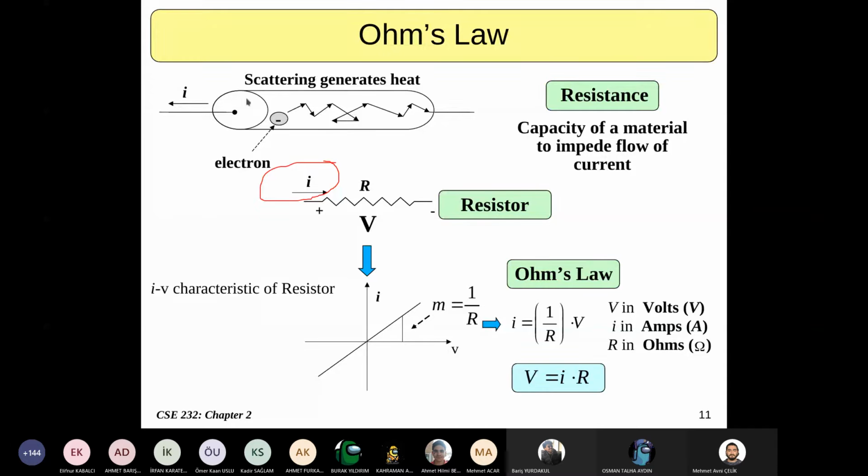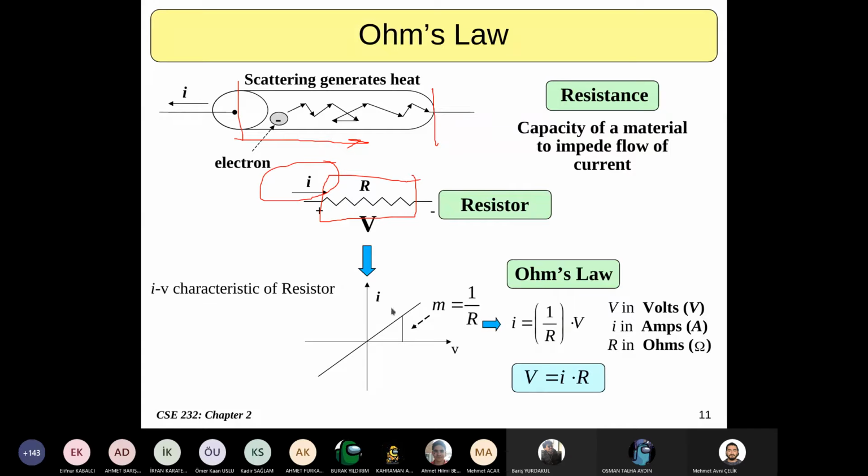When the electrons move like this, they scatter around and hit the surfaces of the medium they are moving through. So when electrons move from one side to the other, due to the scattering and electrons hitting each other, you experience some kind of resistance. They resist. That's why we call it a resistor.